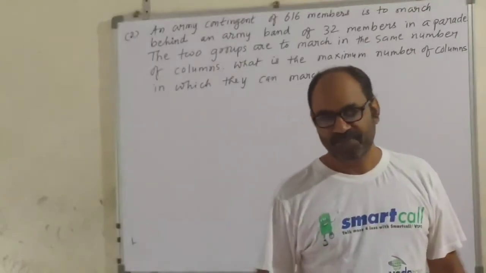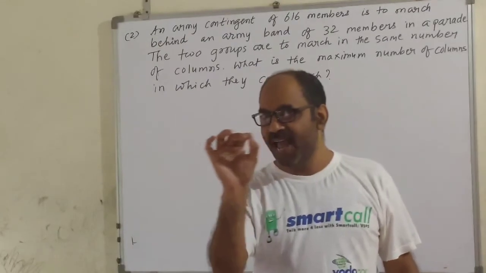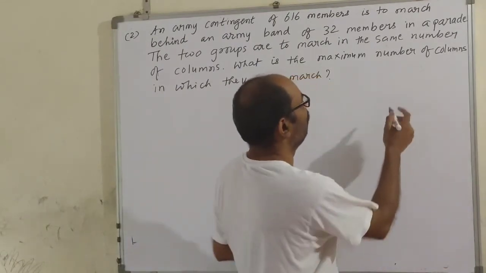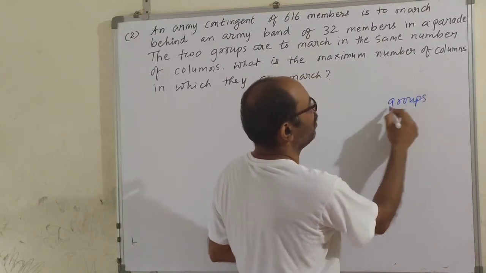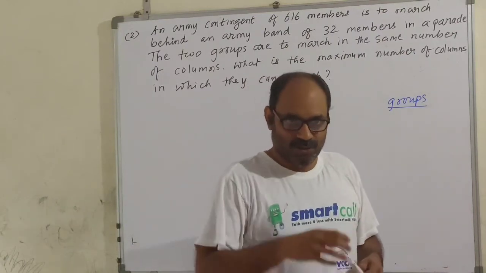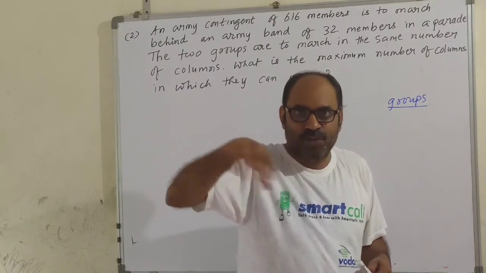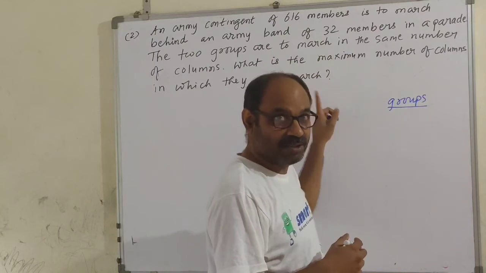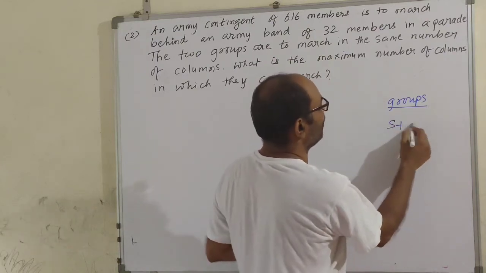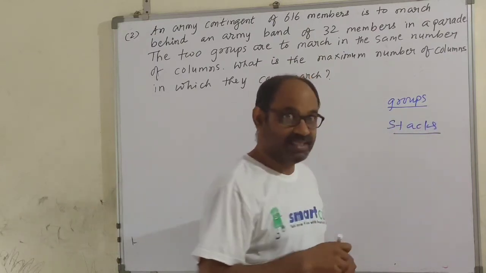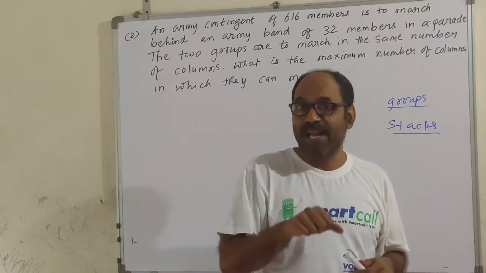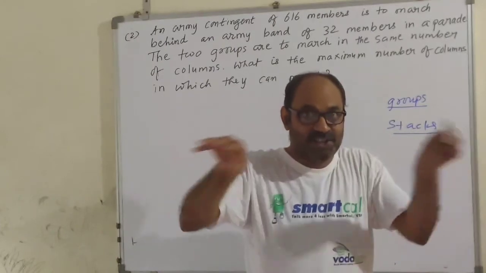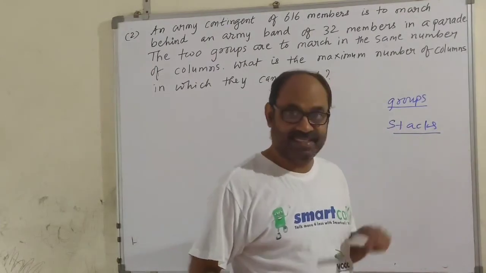Children, remember, in case of red and blue marbles, we formed groups, and we distributed red marbles and blue marbles. In the sum previous to this, we formed stacks, and there the two kinds of burfis, Kaju burfis and Badam burfis, were distributed in those stacks.